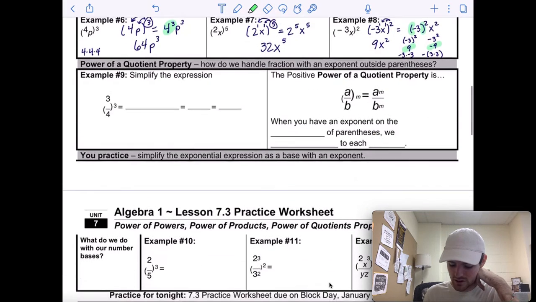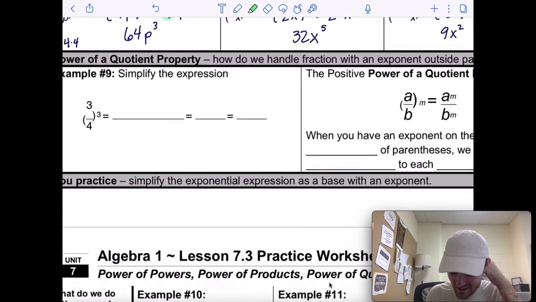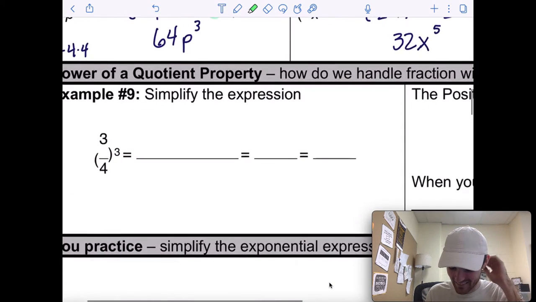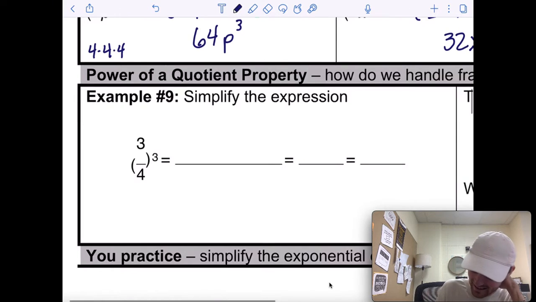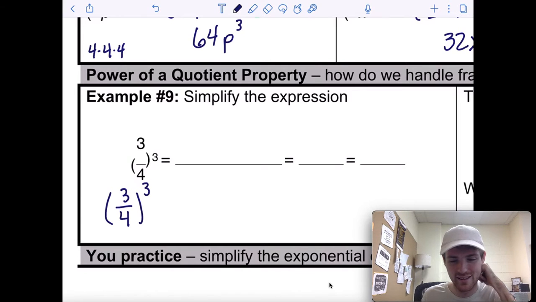We are on to the third property of this lesson, where we see 3 over 4 to the power of 3.